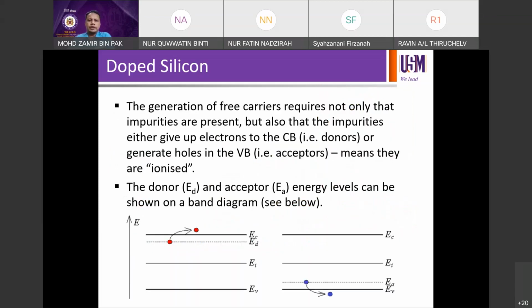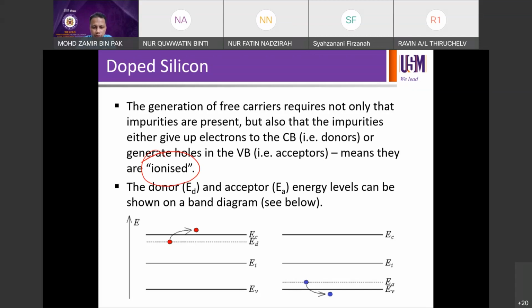Right. The generation of free carriers requires not only that impurities are present, but that the impurities either give out electrons to the CB or holes in the VB, meaning they are ionized. We have discussed this already. So for them to be electrically active and contribute to improved conduction, they have to be ionized, and they require 0.02 electron volt for ionization to take place, right?